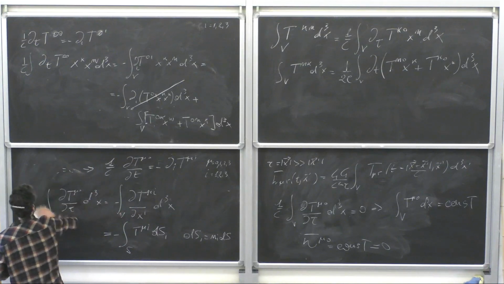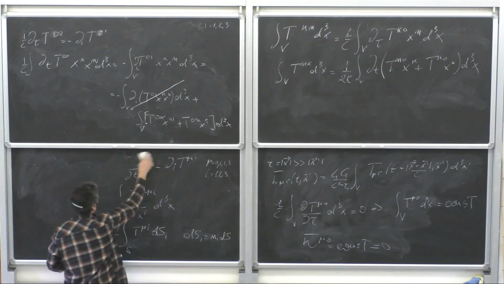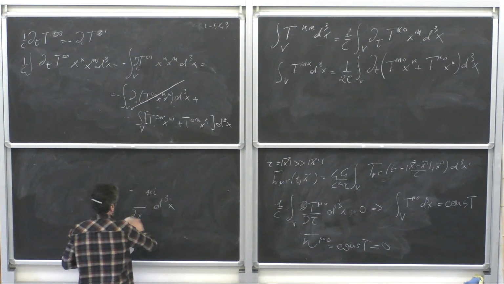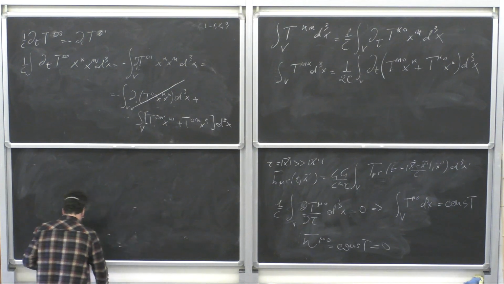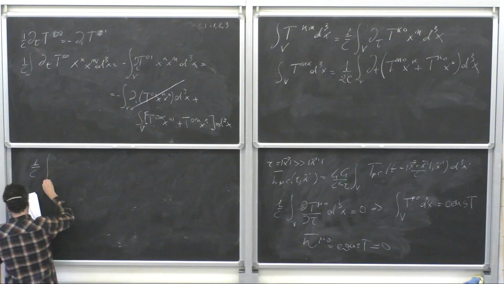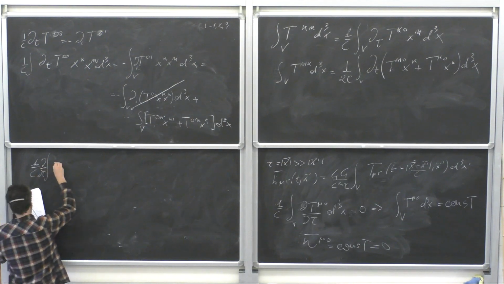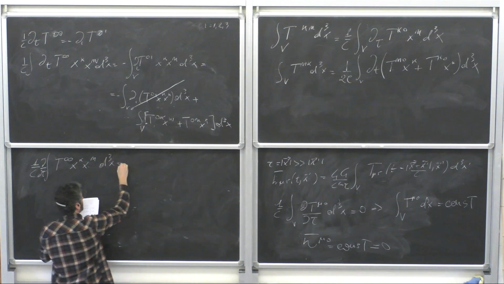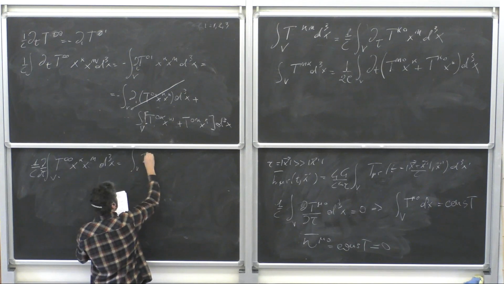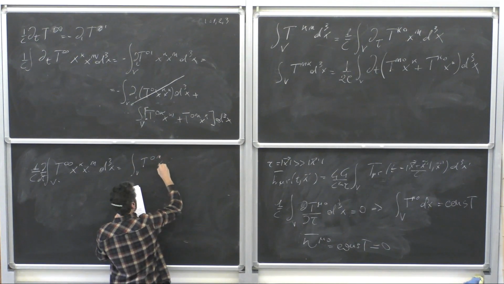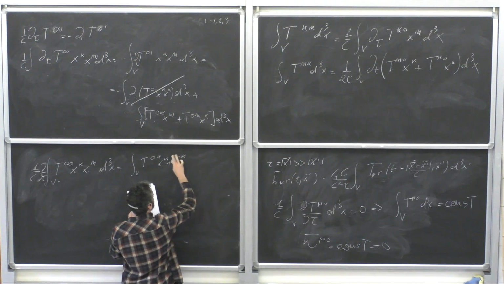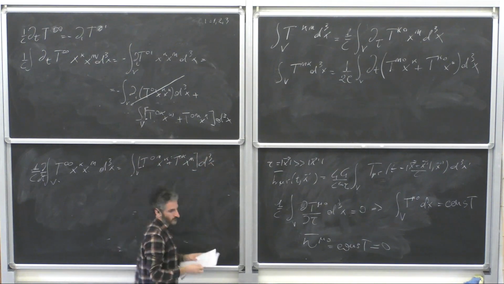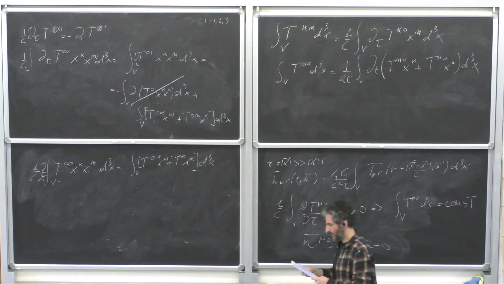So at the end, what we get is that 1 over c d/dt of the integral of T^{00} x^k x^n d³x is equal to this.